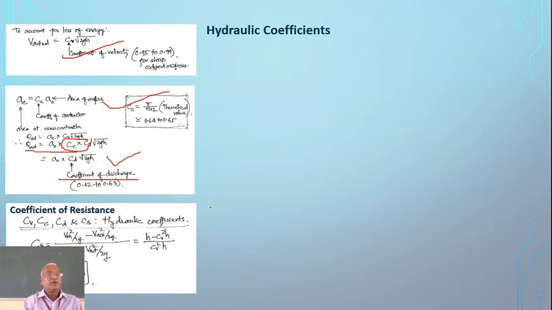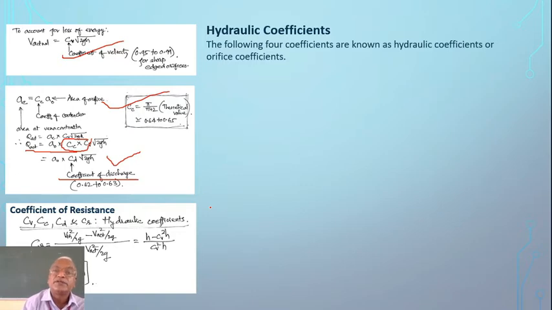Now hydraulic coefficients, whatever Cc, Cd, Cv, Cr, they are there. The same thing I have listed out systematically here. The following 4 coefficients are known as hydraulic coefficients or orifice coefficients. All of them put together are called hydraulic coefficients. First one, coefficient of contraction Cc.